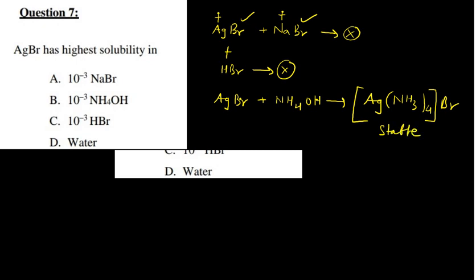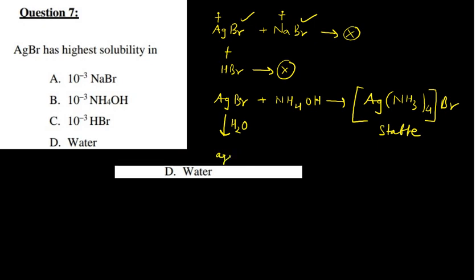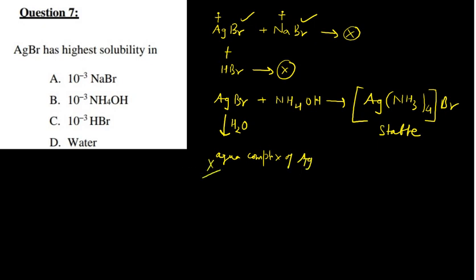And if you react it with excess water, the aqua complexes of Ag are not known or are not very stable. So your correct option is B. AgBr has the highest solubility in NH4OH, as it forms a very stable complex.